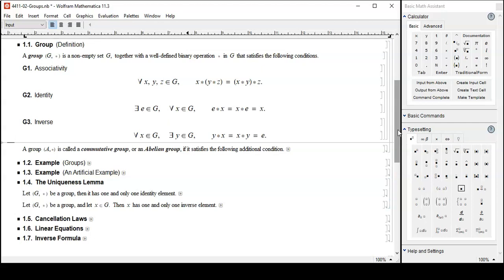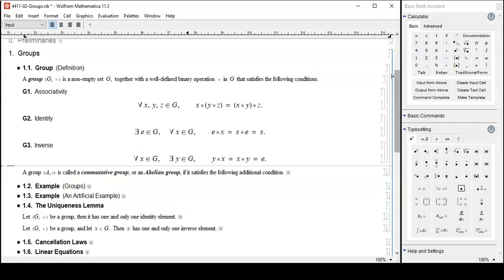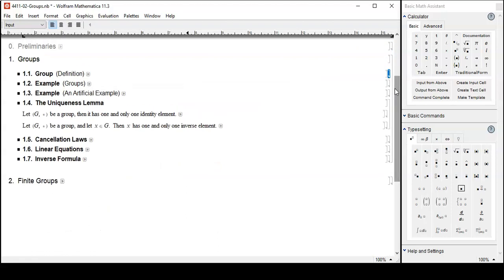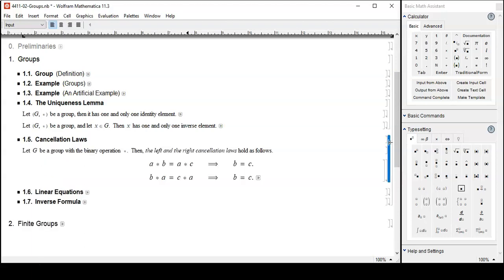Okay, we just went through something difficult to understand but important. Now, let's go to an application of this: cancellation laws. Let's try that. The left and right cancellation laws hold. If A star B is equal to A star C, then B is equal to C. Basically, we did just this cancellation.